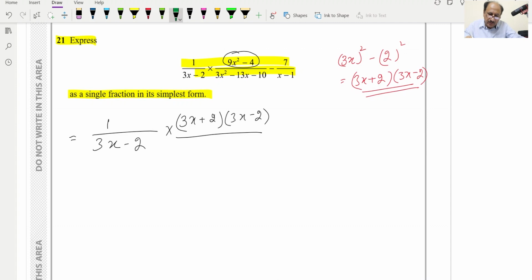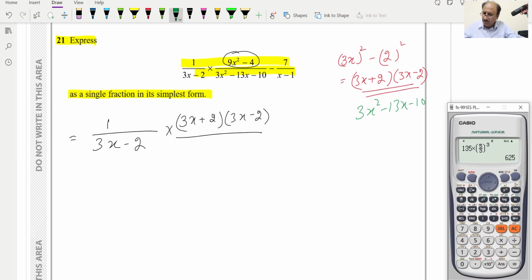The other part, which is the denominator, 3x squared minus 13x minus 10, we can factorize as follows. The coefficient of x square is 3, the coefficient of x is minus 13, and the constant is minus 10, and the factors are 5 and minus 2 by 3.